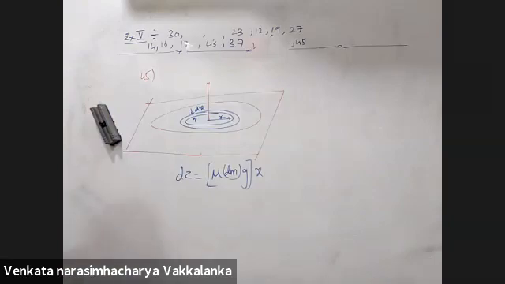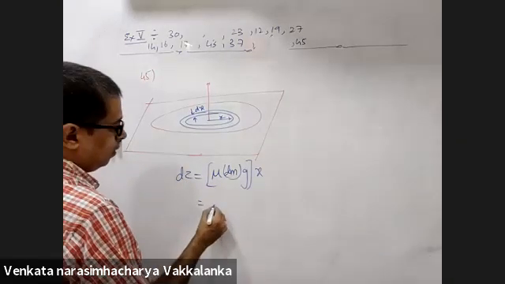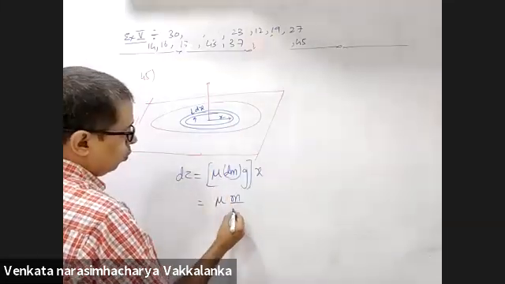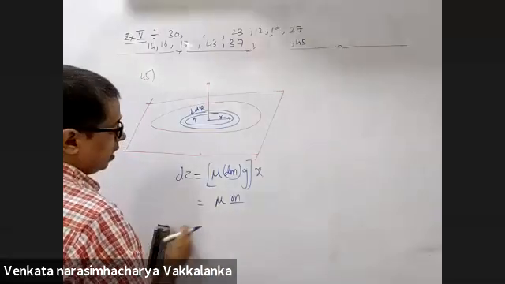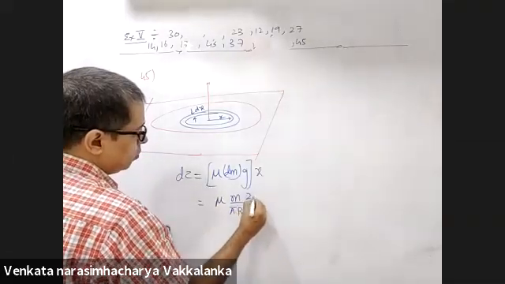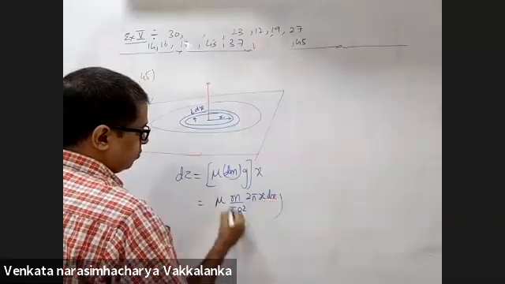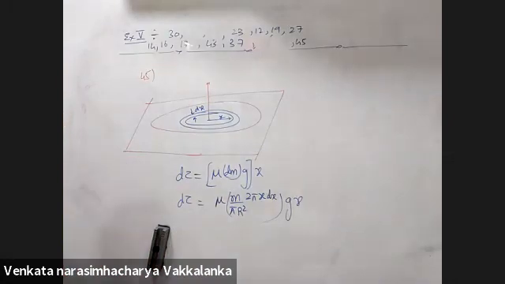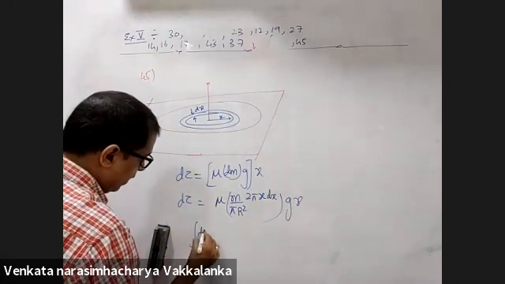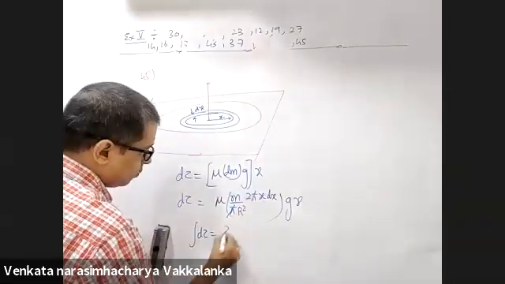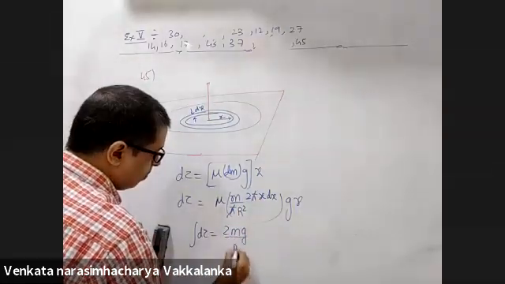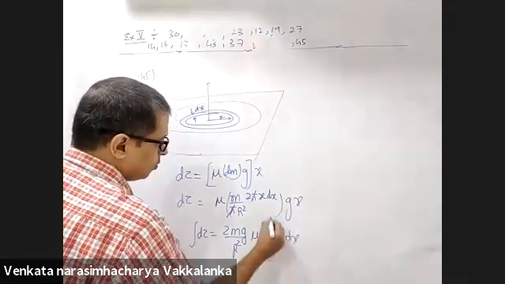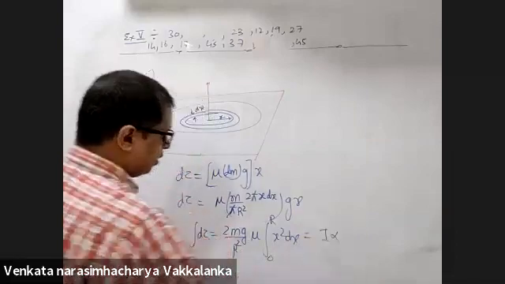Mu into mass per unit area, m by pi r square, into 2 pi x dx, into g x. Right? Integral d tau is 2 m g mu by r square, integral x square dx from 0 to r, equated to I into alpha.